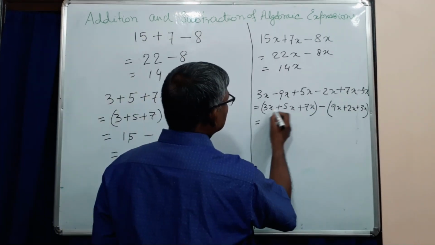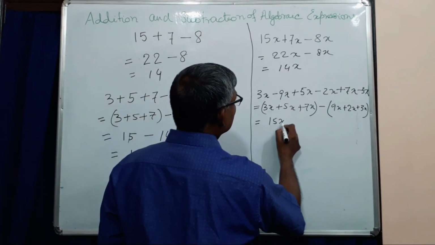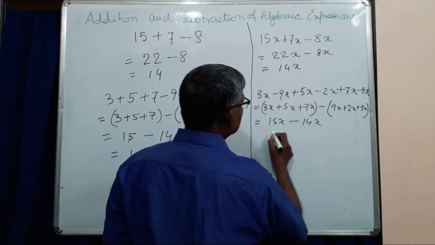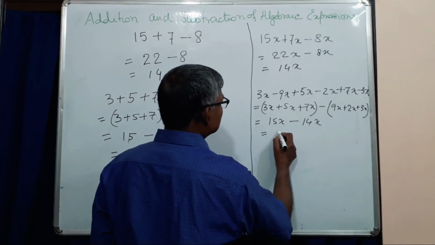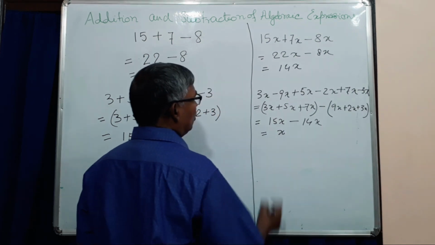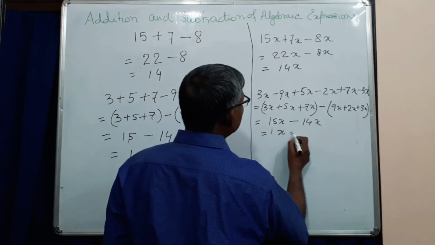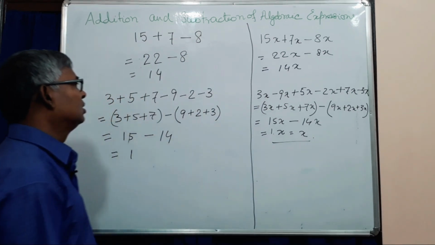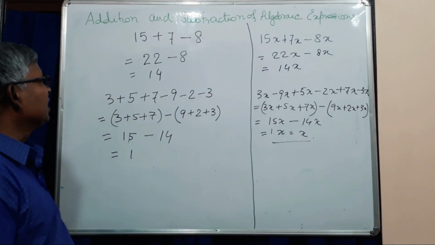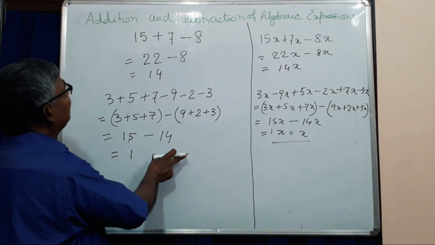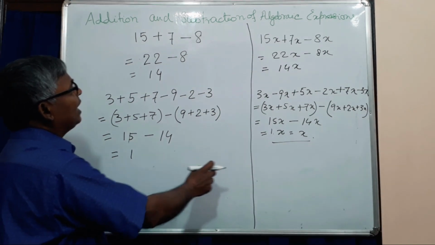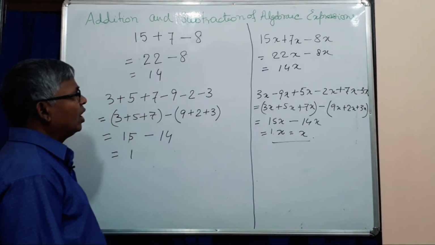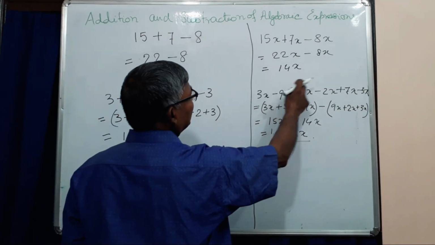It will be 15x and this will be 14x. So it will be 1x, that is x. 1x means 1 into x means x. So there is no basic difference between arithmetic addition and algebraic addition. Only one thing you have to consider, the variable.